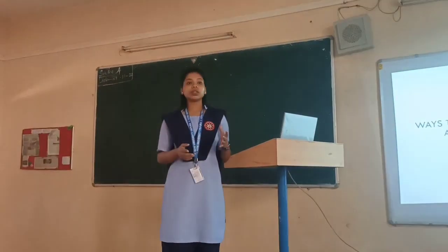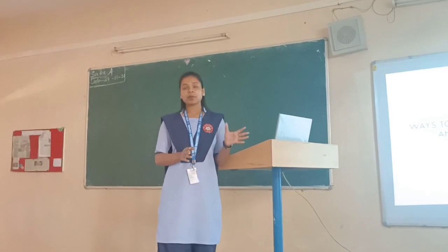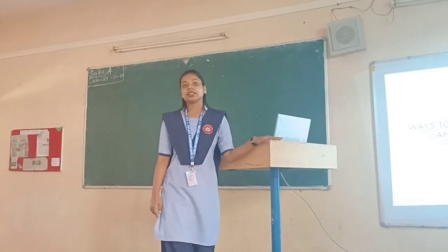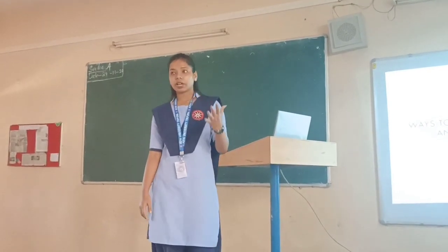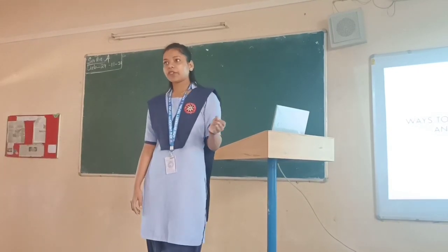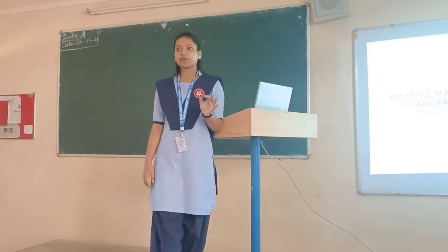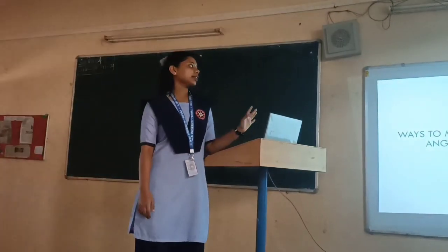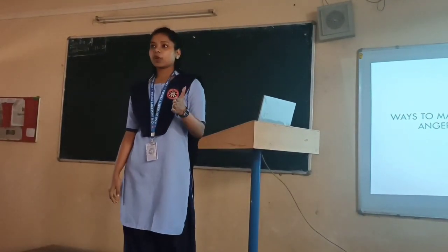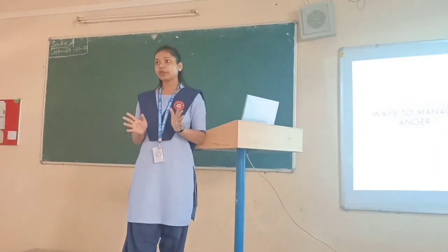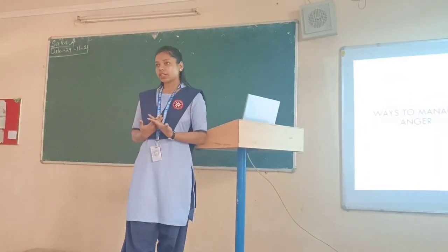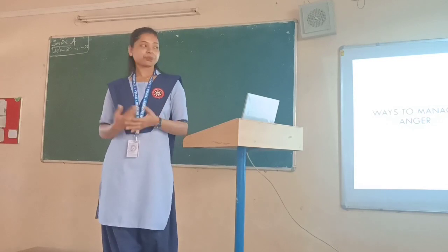So we need to stay quiet for a while and move away from there. Like if I am with any of my friends, at that time we need to stay quiet for a while, and then move away. After we come back, then I should talk with her or him.